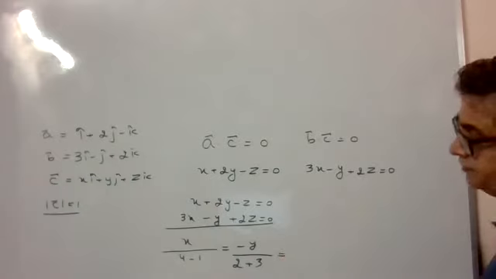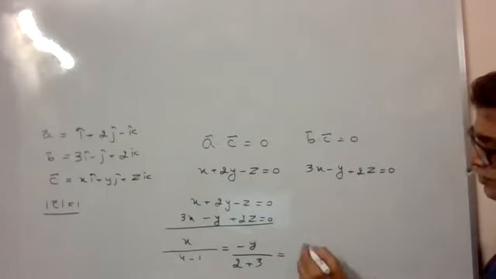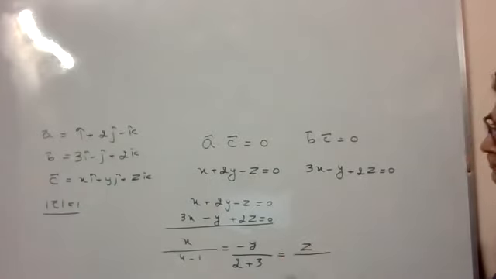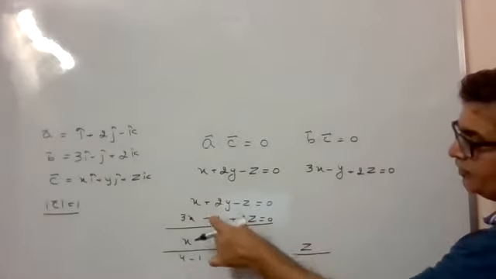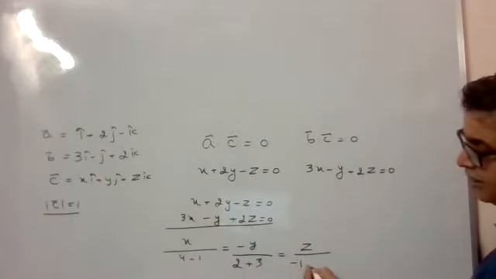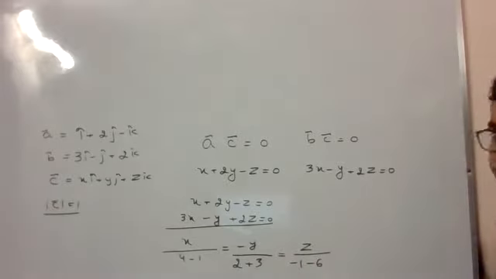Equal to, then comes z by. So leave this. Now this component, that is minus 1 minus 6, and this will be taken as k.